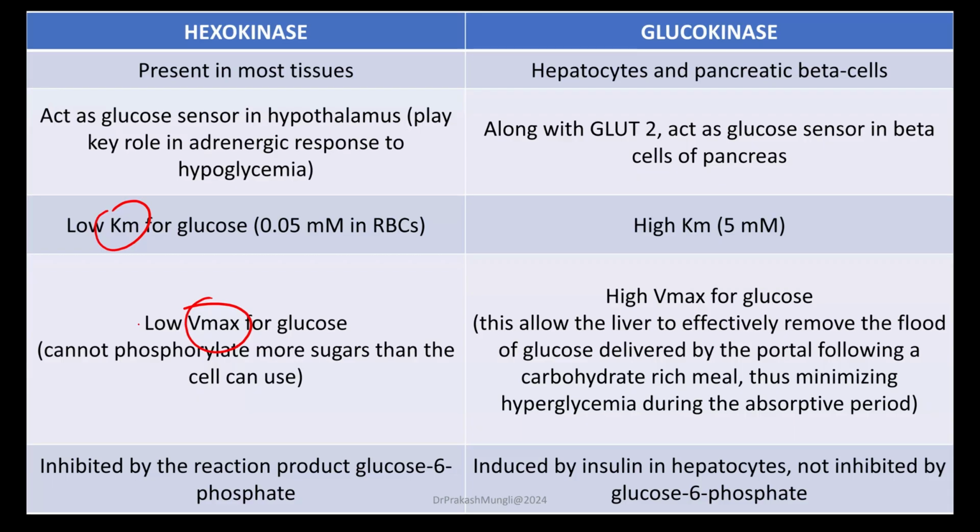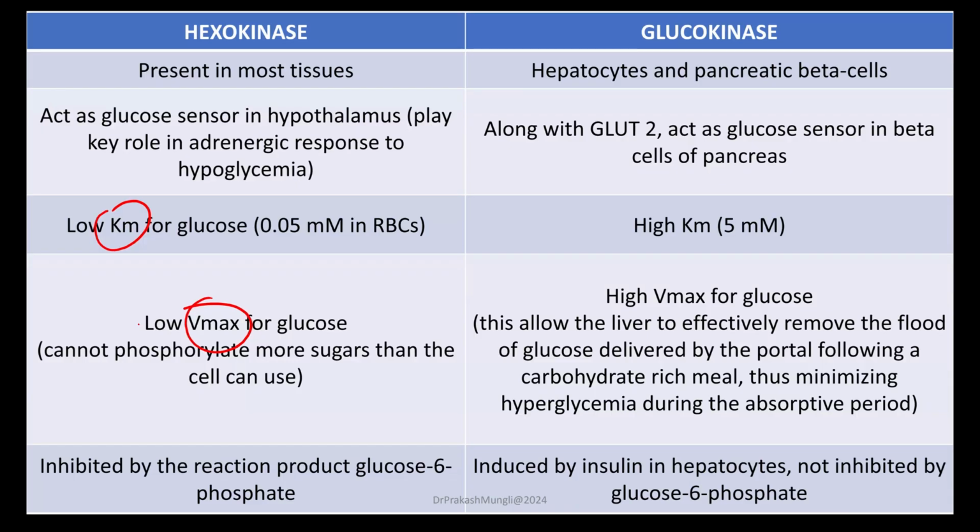Hexokinase working means what? It is going to add phosphate to the 6th carbon, is it not? What is the function of hexokinase? Glucose to glucose 6-phosphate. What is the purpose of phosphorylation? Committing that glucose for the cell. So if your hexokinase is a low Vmax enzyme, that means it's not going to convert too much glucose into glucose 6-phosphate for the cell.